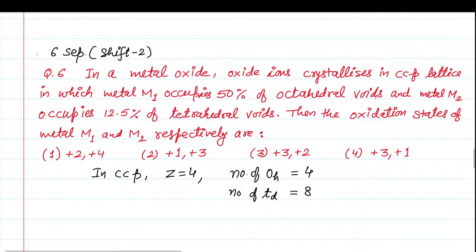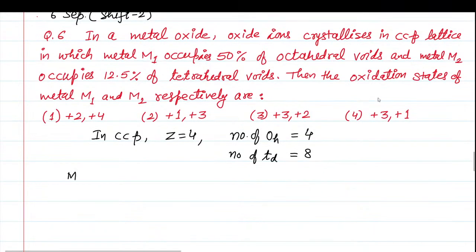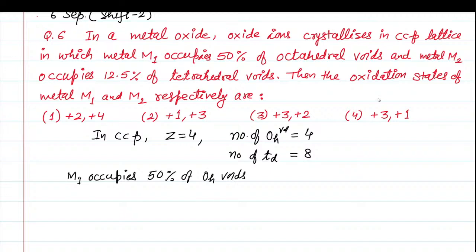Now M1 occupies 50% of octahedral voids. That means how many M1 atoms are there? Number of M1 atoms is 50% of 4, that is equal to 2. And what about M2 atoms?